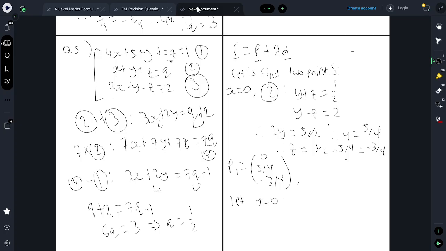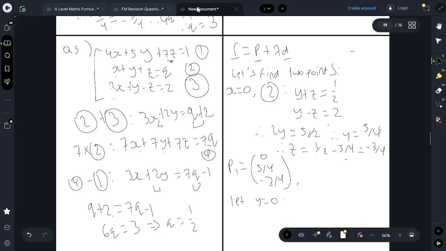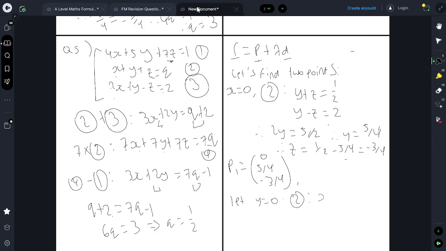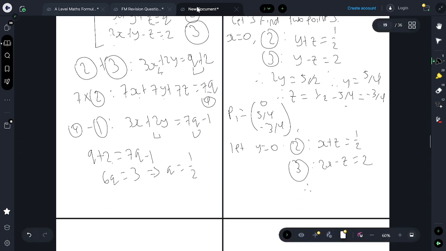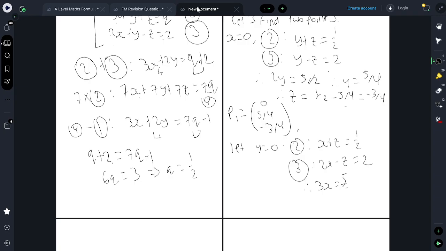Just keep it simple. So then with y as 0, again equation 2 boils down to x plus z is q, which is a half, and then equation 3 would be 2x minus z is 2. And then solve that again, so you can add them to get 3x would be 5 over 2. Therefore, x would be 5 over 6.